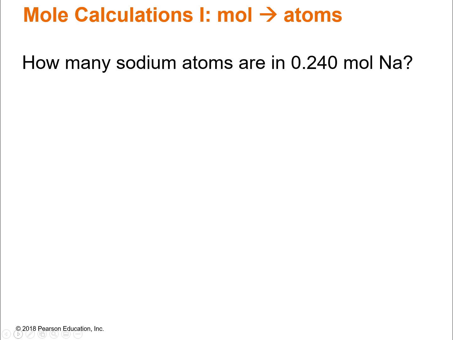So, what I'm going to do here is break down the different types of questions you can see. Notice in the title we've got Mole Calculations 1, which moles can be abbreviated MOL. We're taking the number of moles and converting that to the number of atoms. You can also put ions or molecules here.